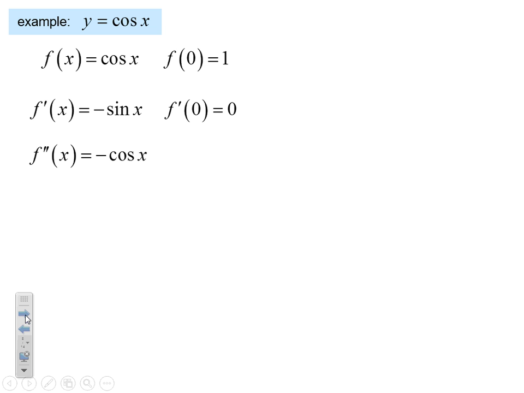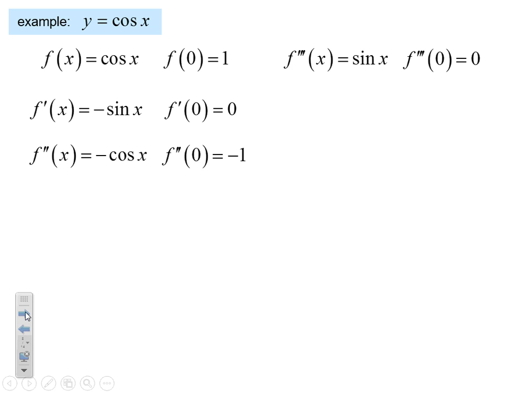If we evaluate this at 0, we get negative 1. Third derivative: positive sine of x, evaluated at 0 is 0.